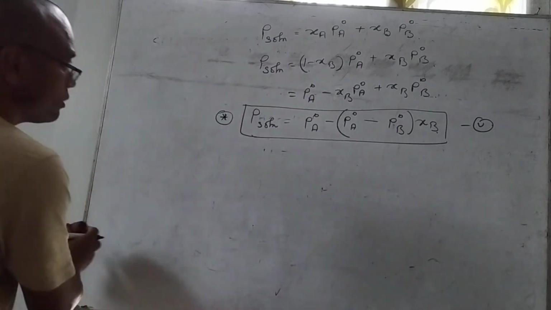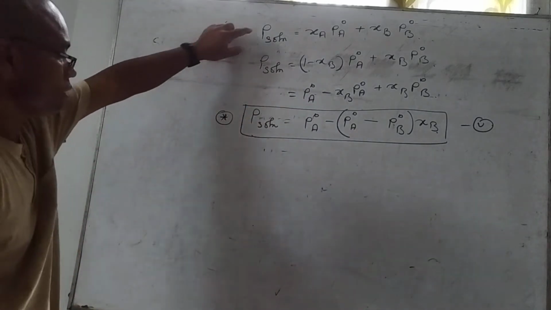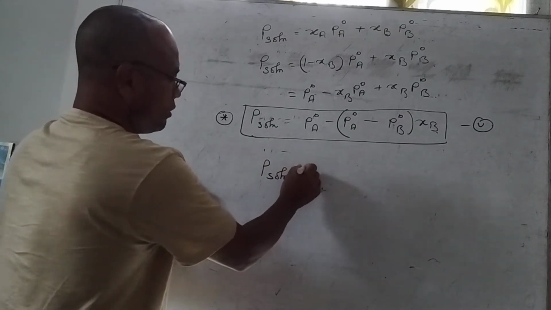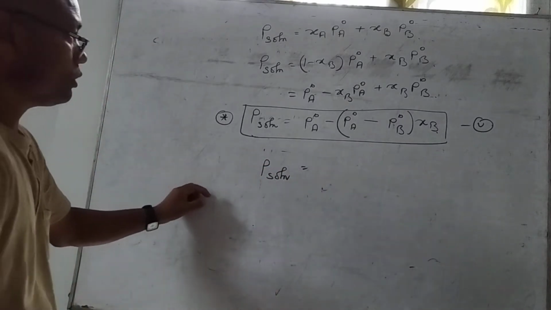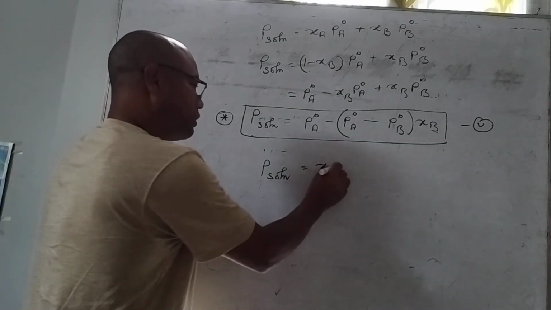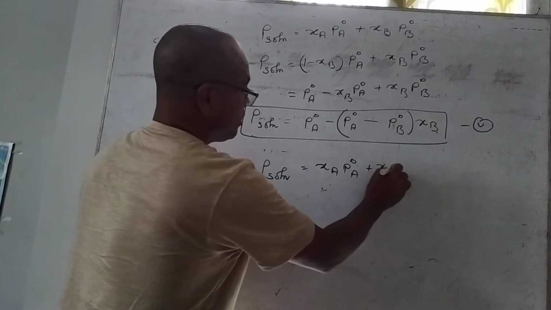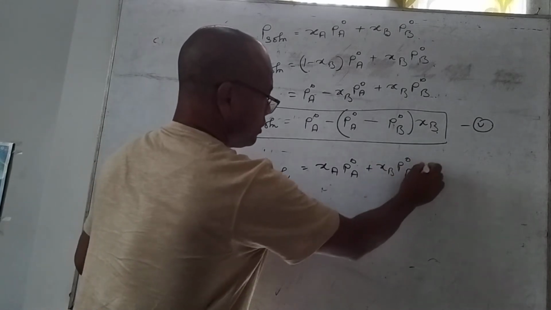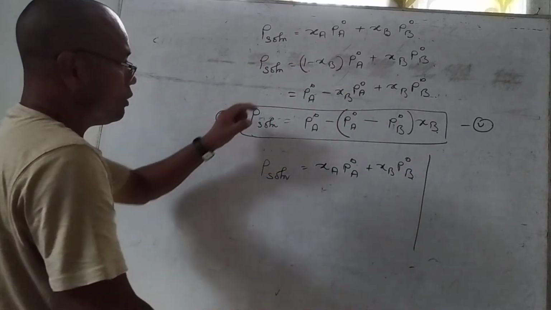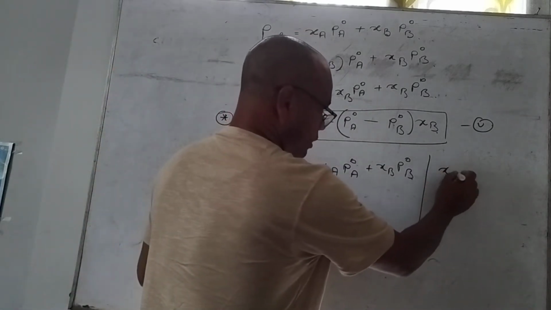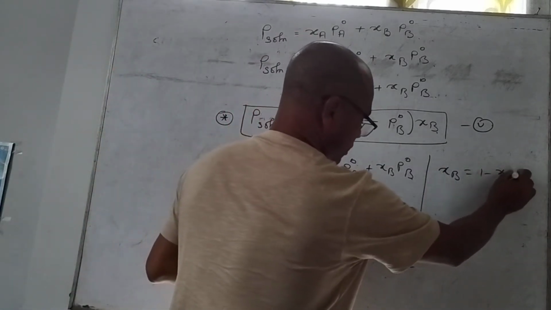in the other case, I write this again here. P solution, that is the vapor pressure of the solution, is the same as XA P naught A plus XB P naught B. In the first case we found XA. Now I am going to find XB, which is also 1 minus XA, right?